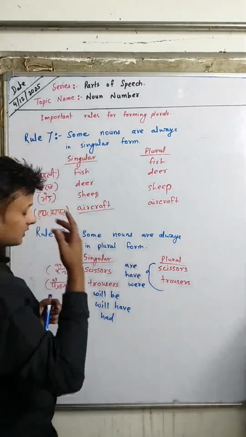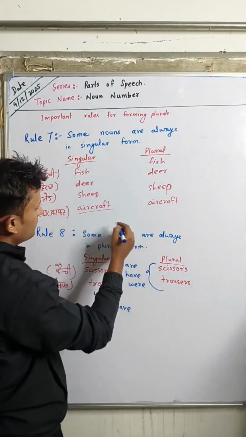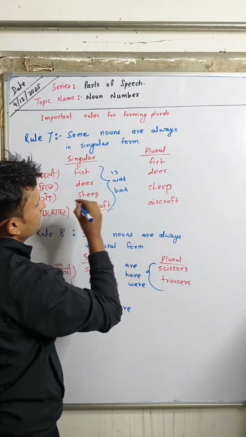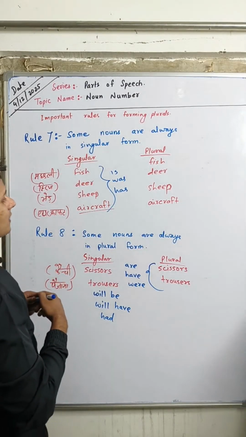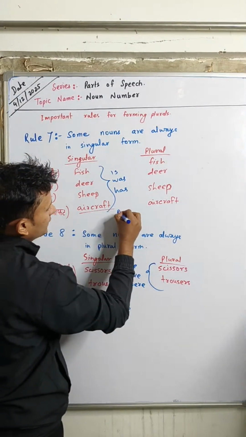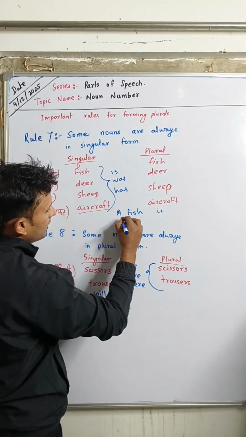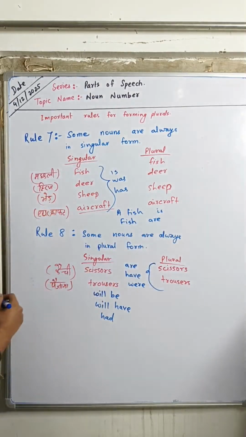But some verbs are used in singular or in plural. For example, in singular forms we use is, was, has. In rule number 7, if you mean a fish, then you will use is. If you mean fish as plural, you will use are, right?